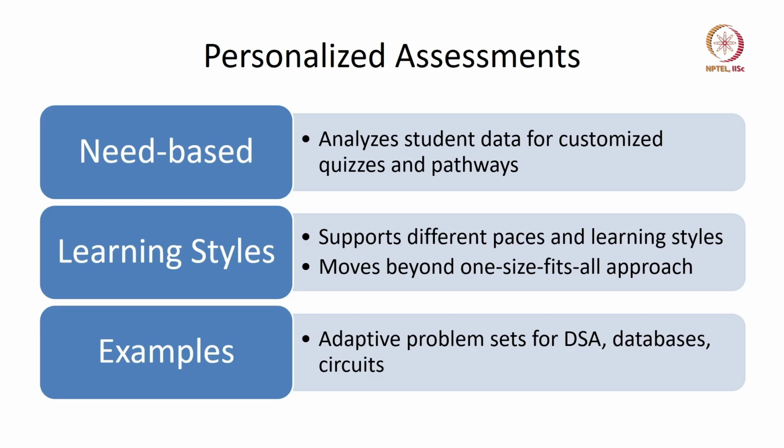So if a student gets a specific type of question consistently incorrect, what AI can do is generate a detailed explanation for all the mistakes the student is making, provide additional learning resources, and then reassess, right? So this whole cycle can be automated using GenAI.